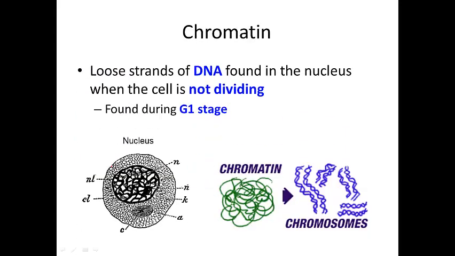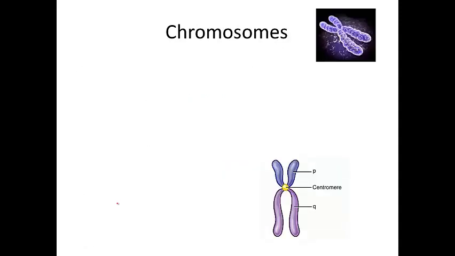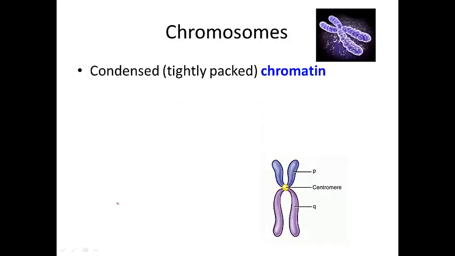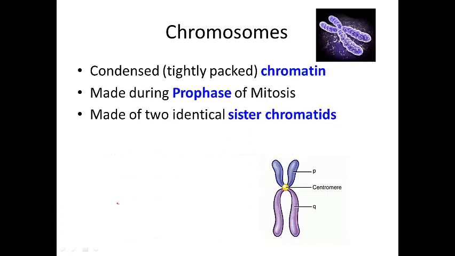One thing to realize is that DNA can be in two different forms. The first form is chromatin. That is when DNA looks like string. This is when a cell is not dividing. So this can be found during the G1 phase as well as G2 and S. During prophase, that chromatin condenses into what are called chromosomes.